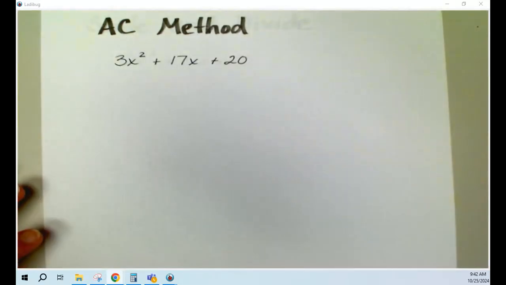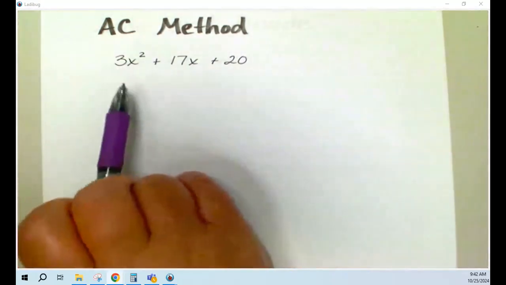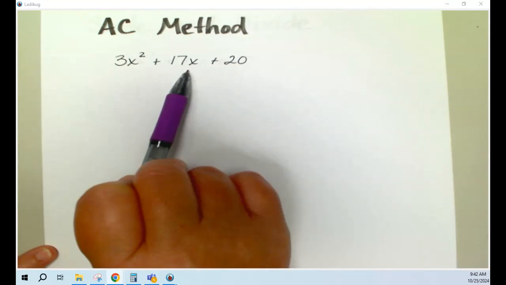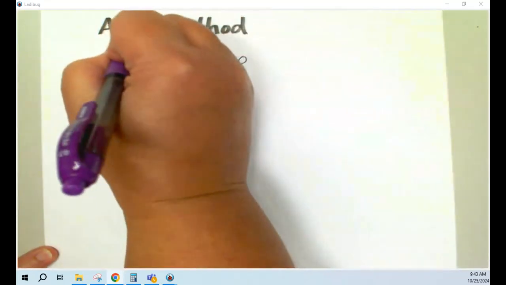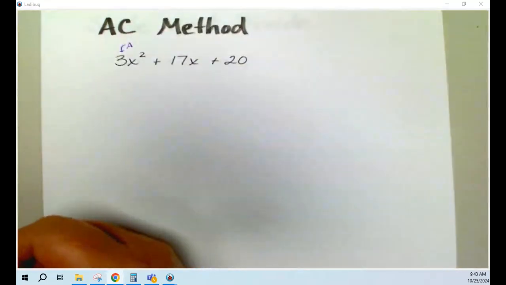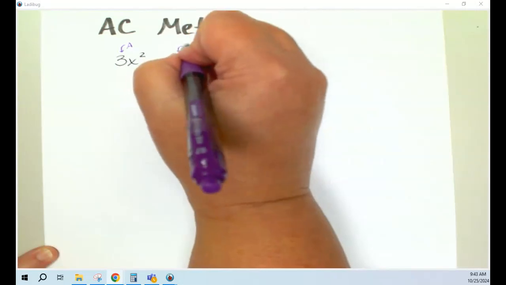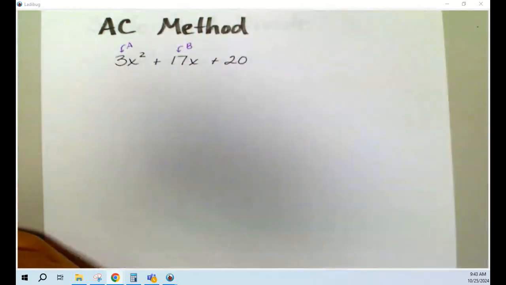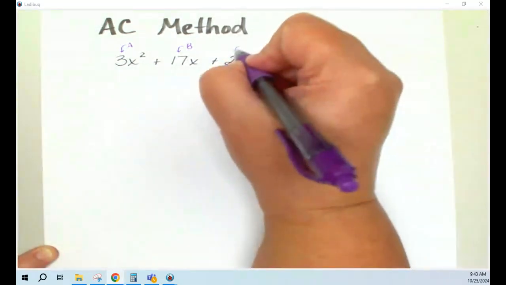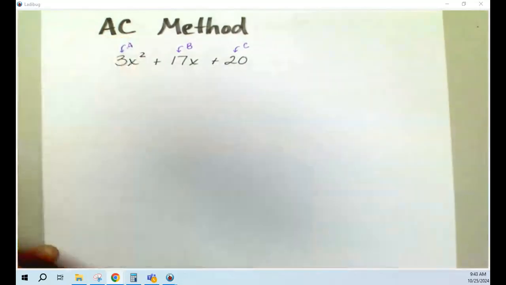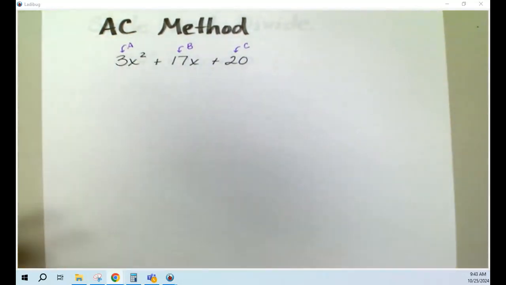The reason why it's called the AC method is when I look at this trinomial, and again, we have 3x squared plus 17x plus 20, this first number in front of the x squared, that 3, is known as A. Our coefficient in front of the x, that 17, is known as B. And then the constant at the end is known as C. So that's kind of where the AC method is going to come from for us.